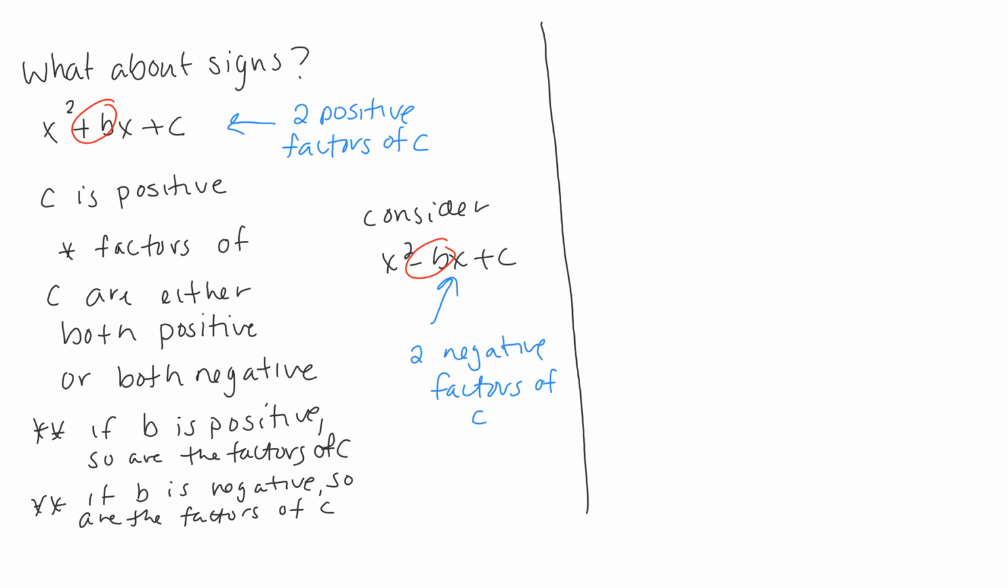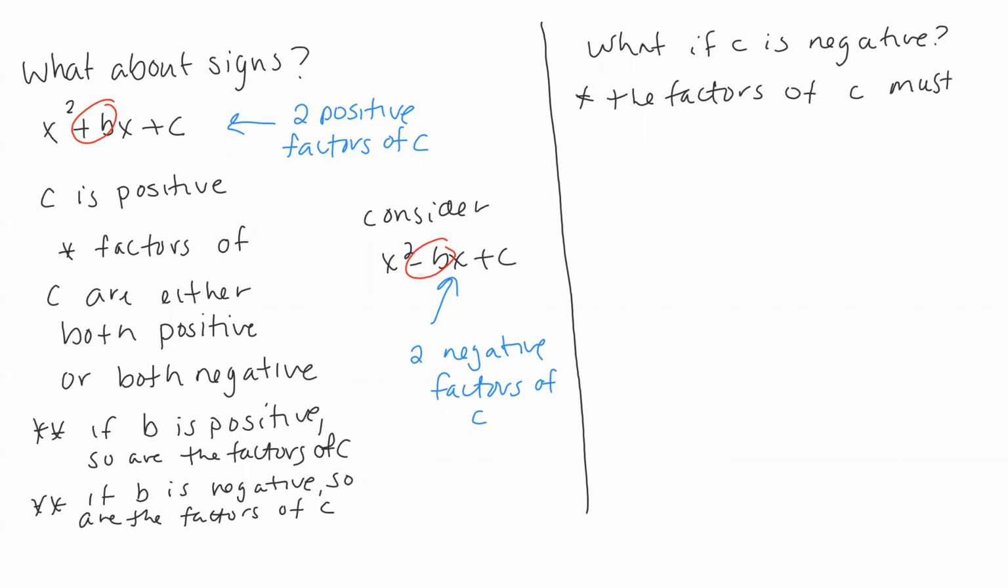So now let's look at what if C is negative. Well, if C is negative, the factors of C must have different signs.